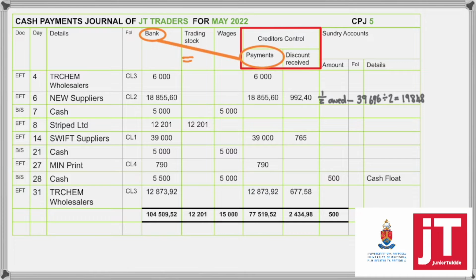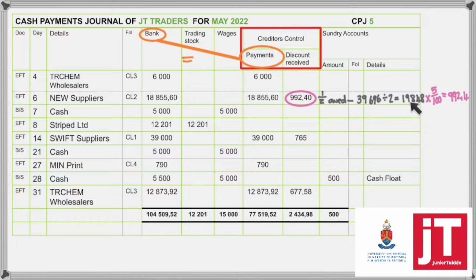But then we also have a 5% discount. So if you work out 5% on the half, so the 19,848 times 5 over 100 gives you 5% of 992 Rand 40 cents. That is then your discount amount. Then to get the paid, you always pay after discount.